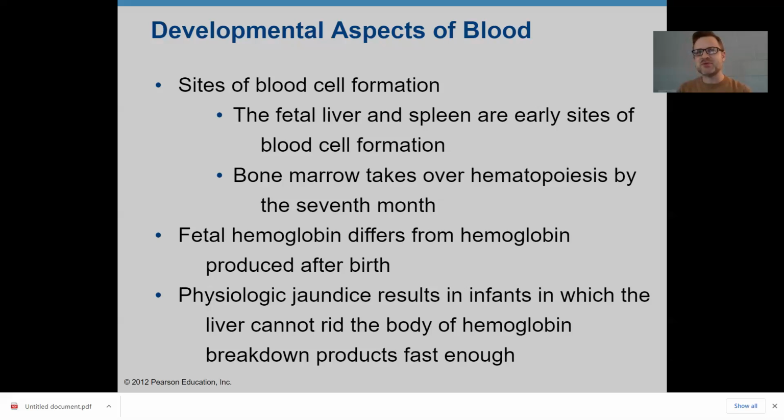My daughter, when she was born, babies that are born with jaundice, they put them under, it looks like a tanning bed. It's in the nursery. It's a little heat lamp thingy that they sit in, and the light helps break down the hemoglobin. They wear little goggles. It looks like they're in a tanning bed, but it's not. It's just a way to break down the excess hemoglobin to get rid of the jaundice.